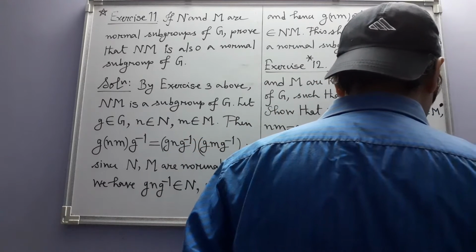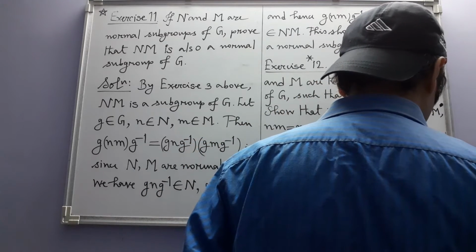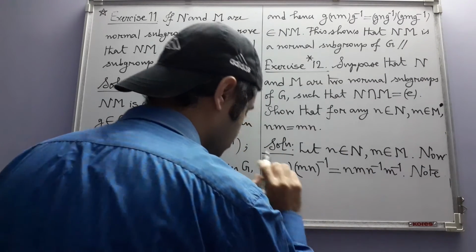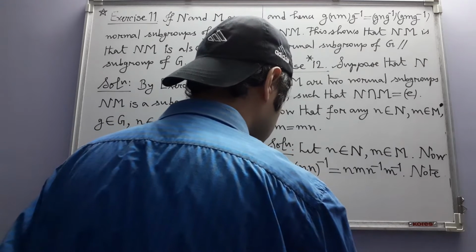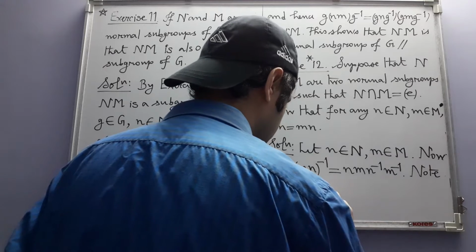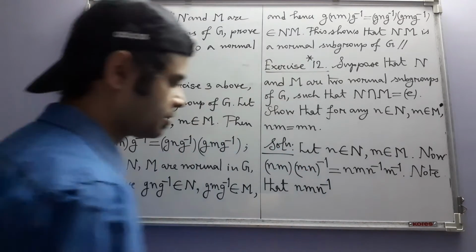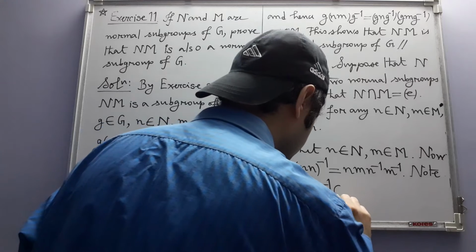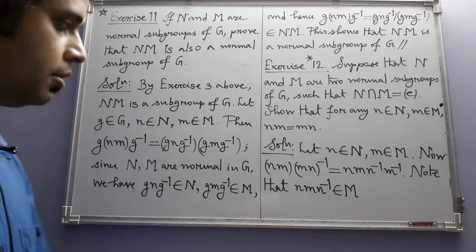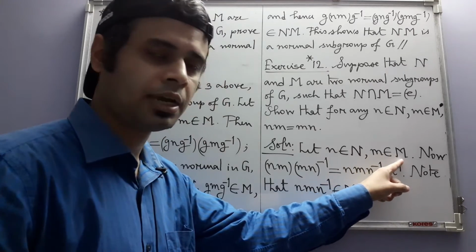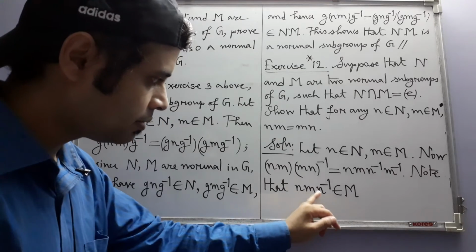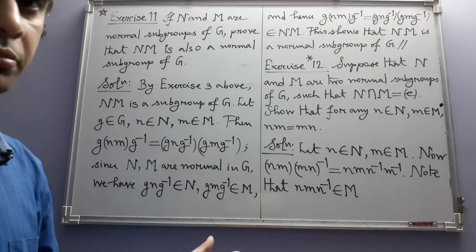Note that nm n inverse belongs to M. Why? Because m is in M, and capital M is a normal subgroup of G. So nm n inverse will belong to M.